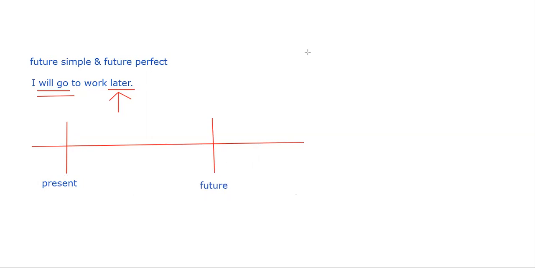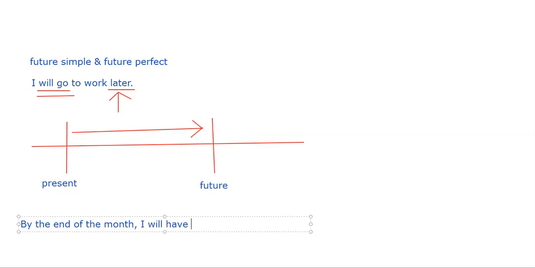So it starts at one point in time and goes to another, like the other two perfects, the past perfect and the present perfect, but the future perfect starts in the present and leads up to another point in the future. So as an example, let's say: by the end of the month, I will have completed all of my projects.